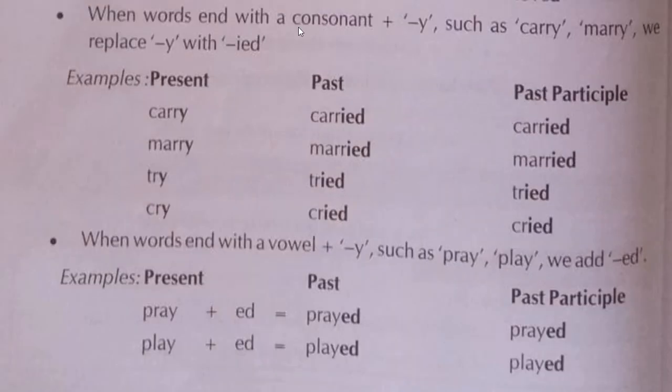And when words end with a consonant plus y, look at this word, carry. Before y, what is there? R. R is a consonant, not a vowel. So there we use i, e, d. It becomes carried. Carry, carried, carried.